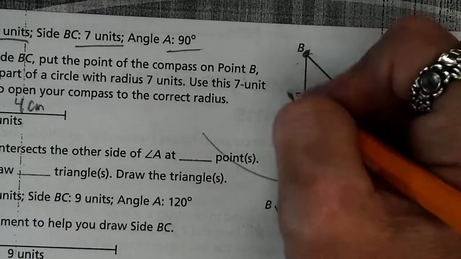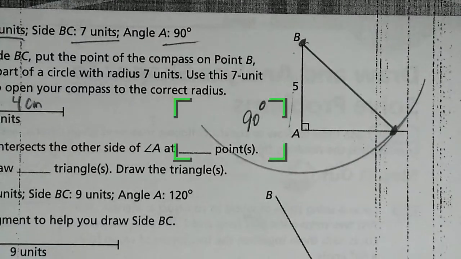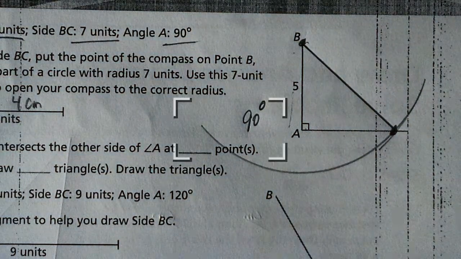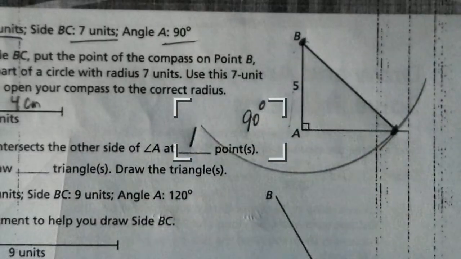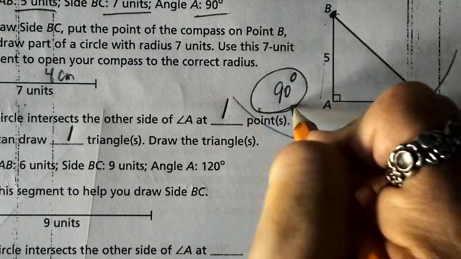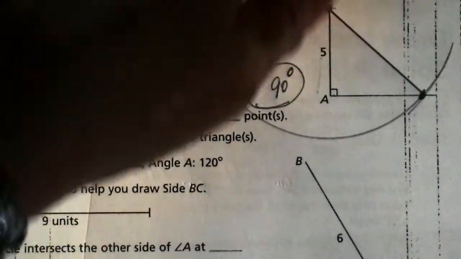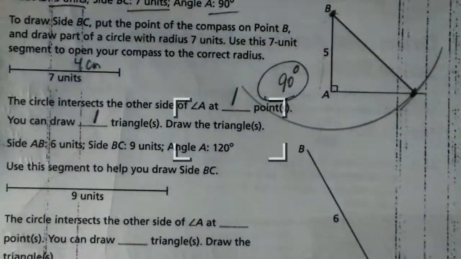Okay, and then this angle is 90 degrees. Okay, so this crosses at one point, and I can only draw one triangle, and the angle is 90 degrees. Okay, so we're still working on that rule.